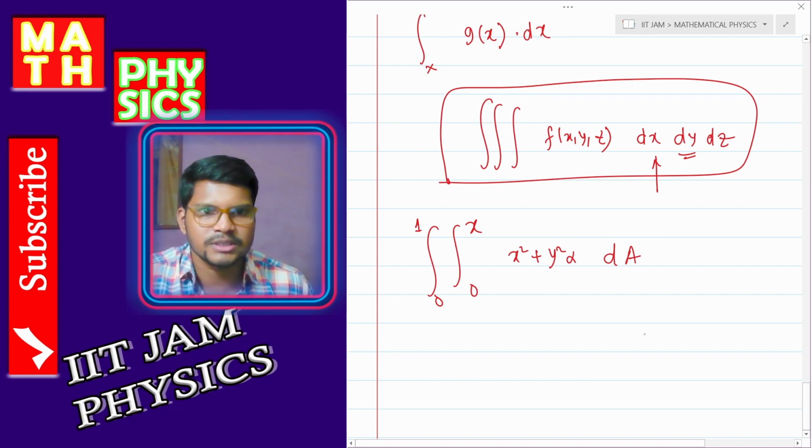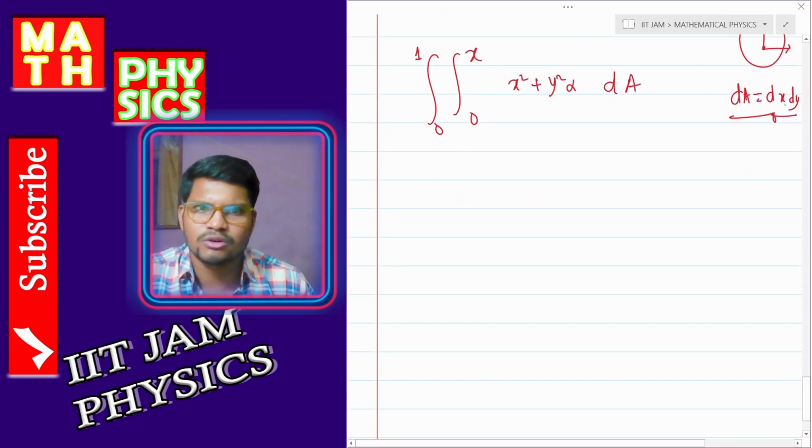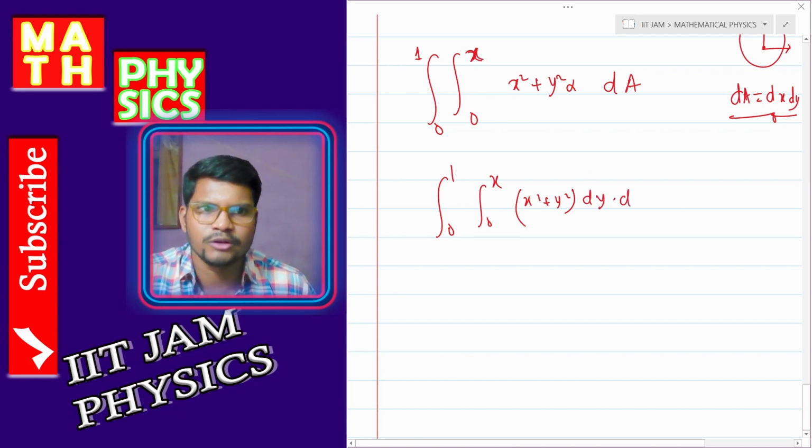Suppose this is x square plus y square, so again you are saying that it's kind of a circle. So dA would be like dx times dy. Whenever you have this kind of dA, dA is equal to dx into dy. So I'm going to take the integral from 0 to x of x square plus y square, and since they have already given this one, I am going to write dy into dx.